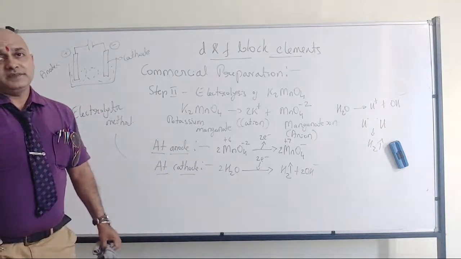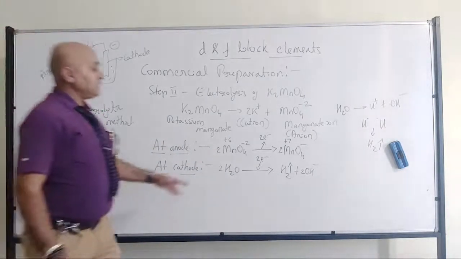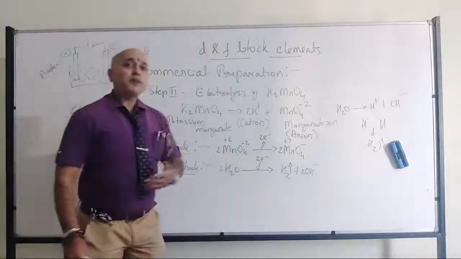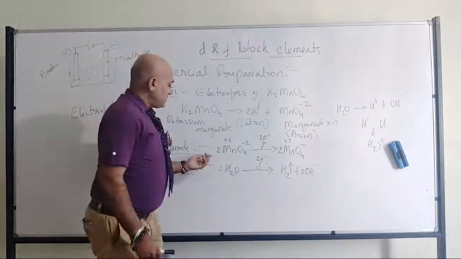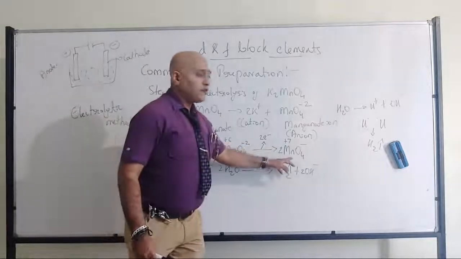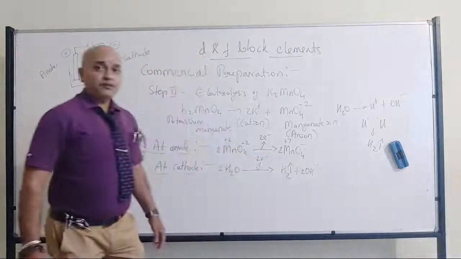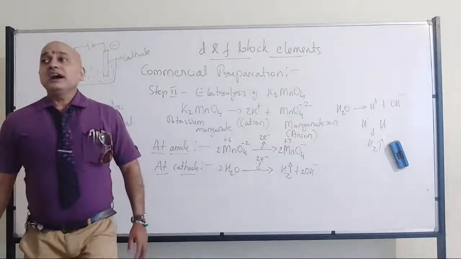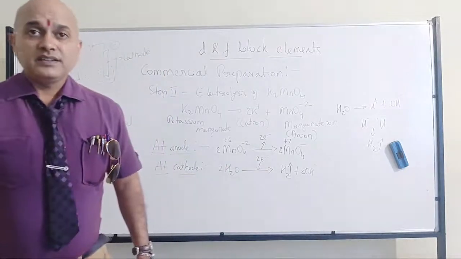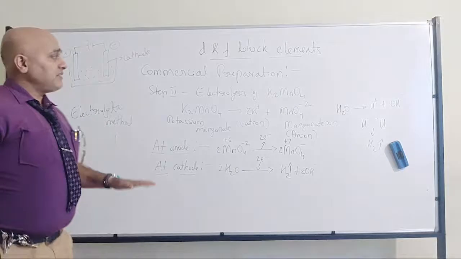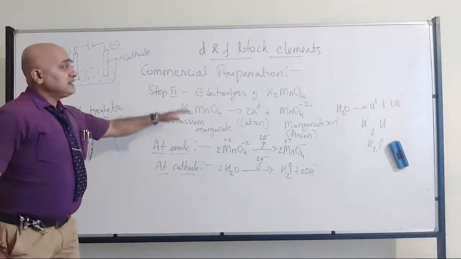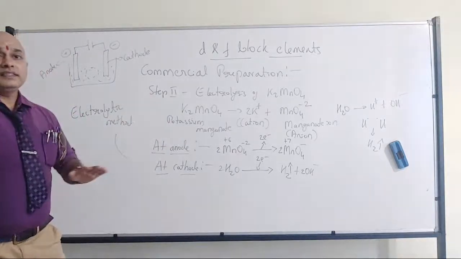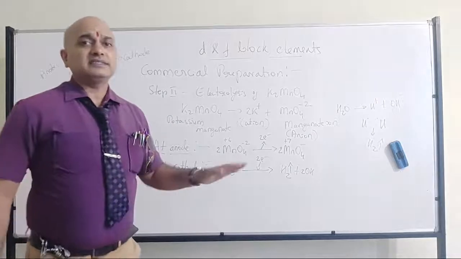So now what is happening at anode? For your competitive exam it may help you out. At anode there will be formation of KMnO4, and at cathode there will be liberation of hydrogen gas. Fine. So once again I will tell, for board exam the electrolytic method they have not asked, very less.